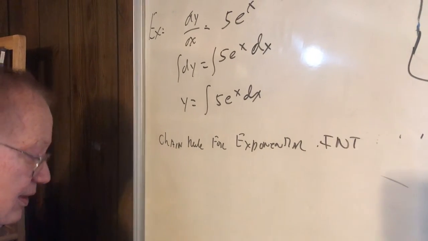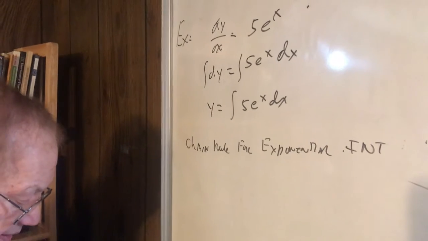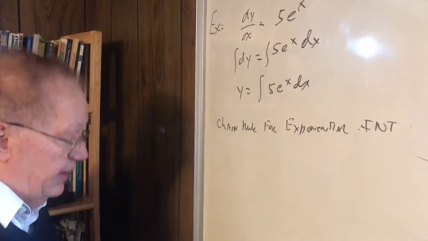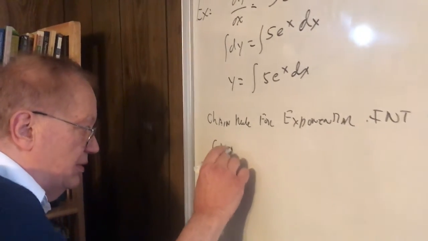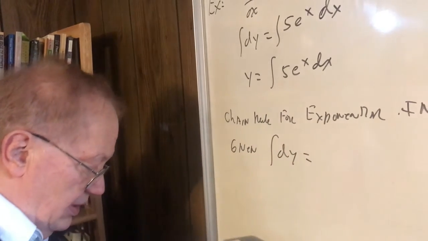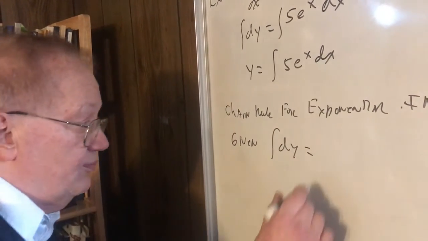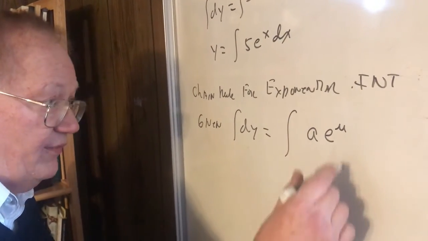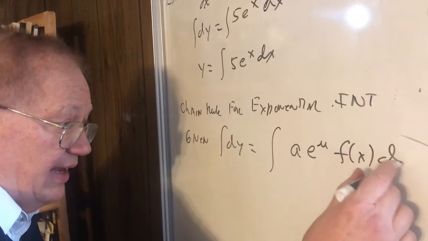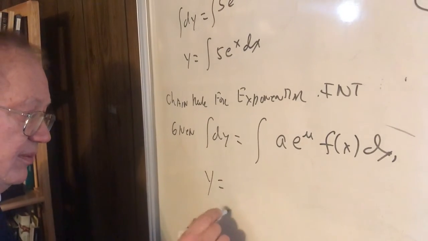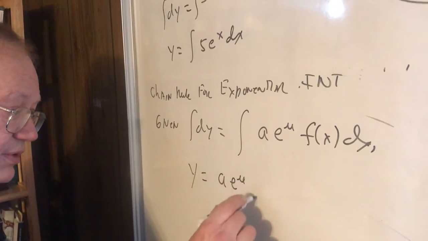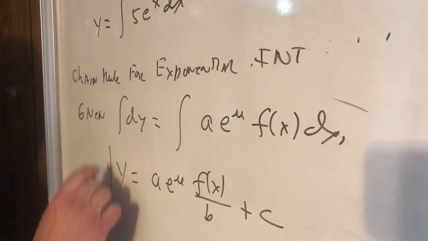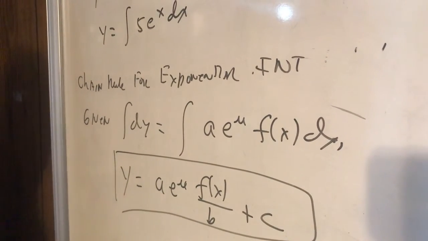If I'm given y equals the integral of a e to the u times f of x dx, then y is going to equal a e to the u times f of x over b, plus c. So there's your chain rule for exponentials.